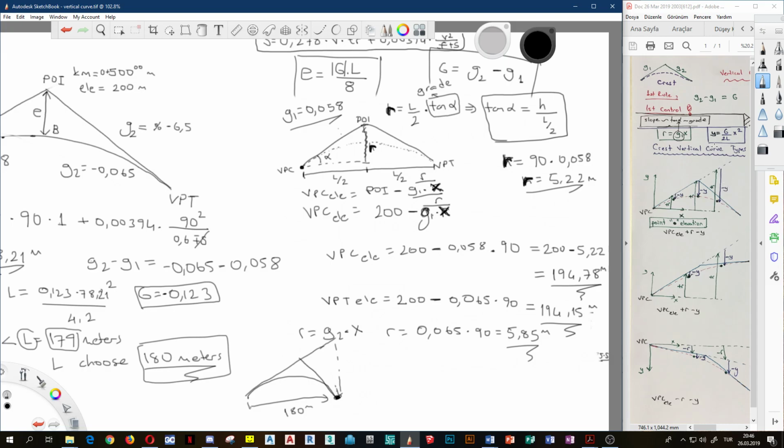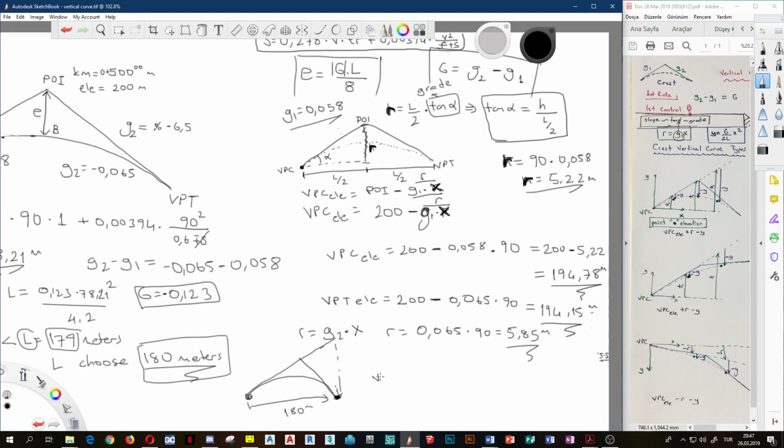What is the y value? Y is g divided by 2L times x squared. And let's try to find this point's elevation according to VPC elevation.